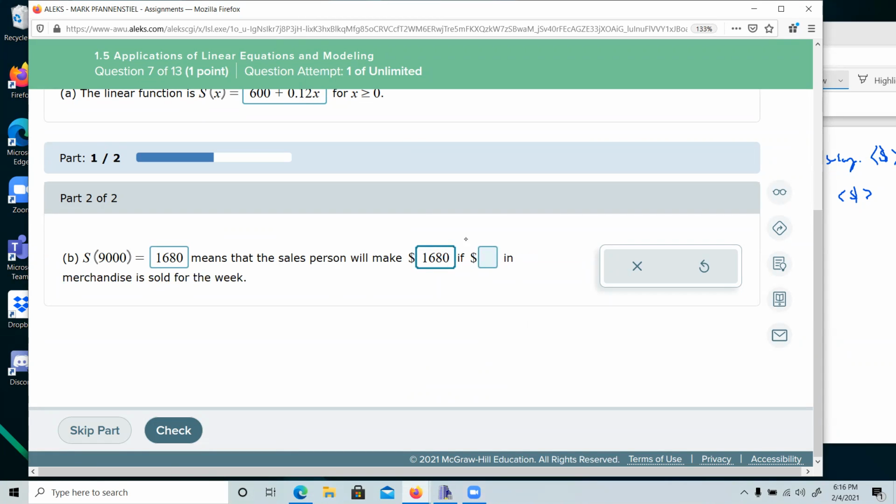This is actually not a bad book to go with, because a lot of times people freak. They really have a hard time with what does it mean. And really, if that ever happens to you, where you say, what does it mean? And you're like, I don't really know what to do. Start with the units. $9,000 in merchandise is sold for the week.